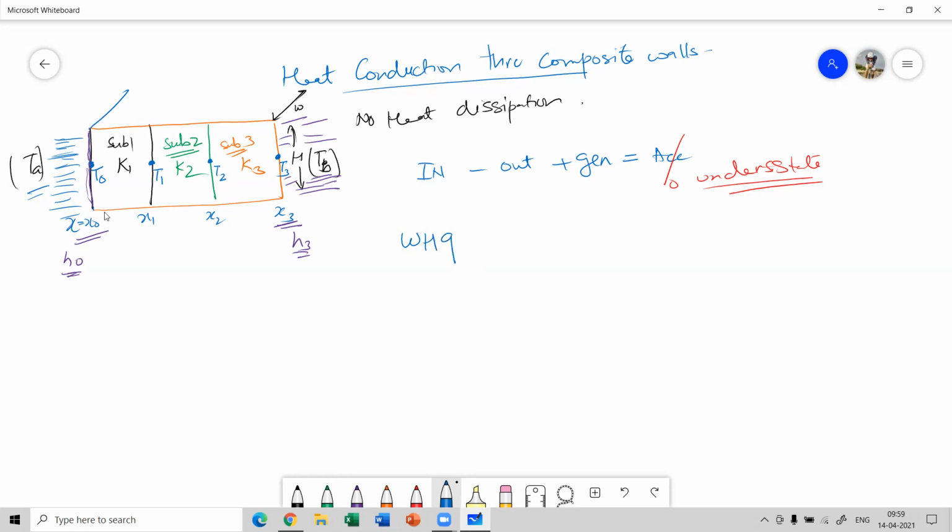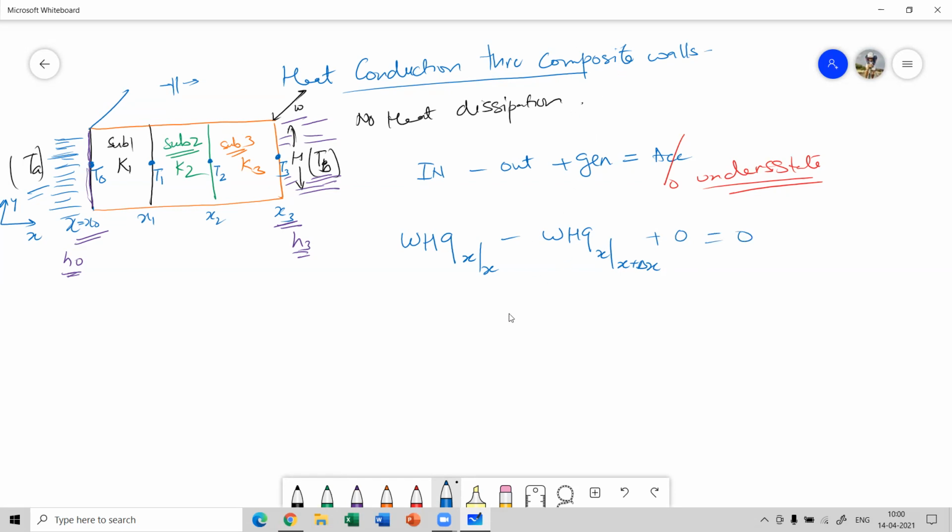So let's talk about it in the x direction. This is x, this is y. The rate of heat input is W H into Qx occurring at x, minus W H into Qx occurring at x plus delta x, if we take a smaller shell. Plus there is no generation occurring, so whatever is in is equal to out.